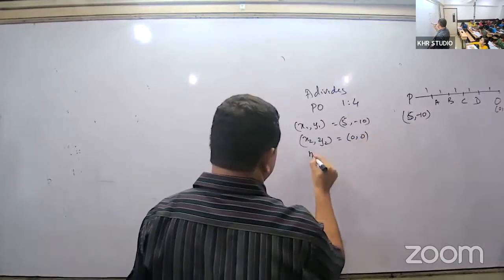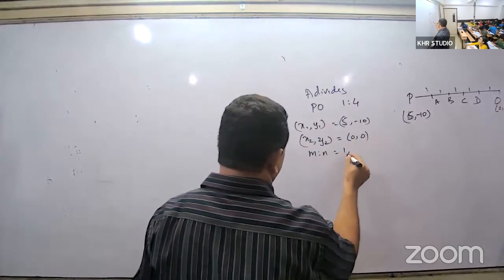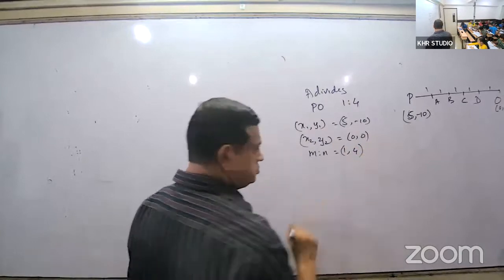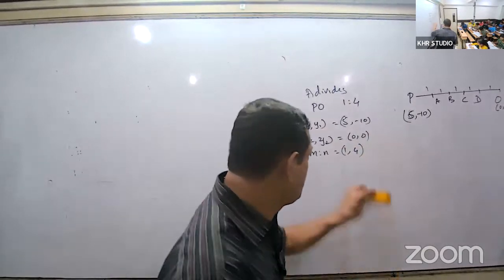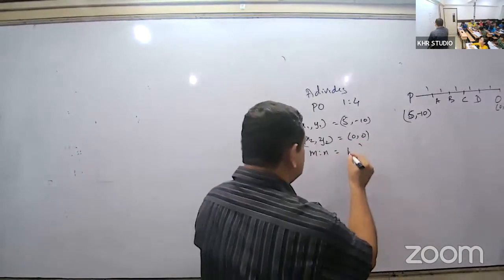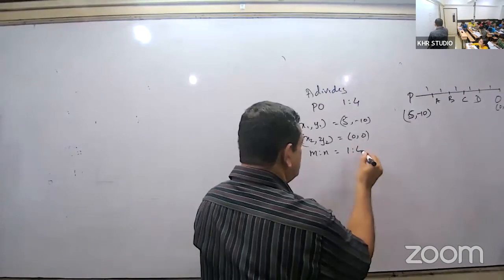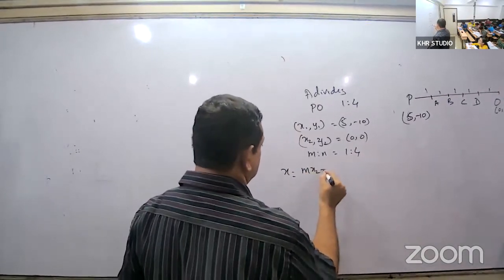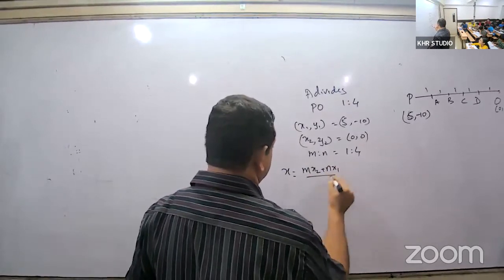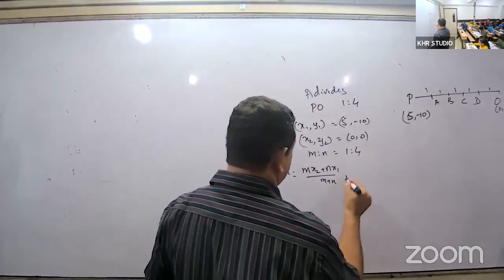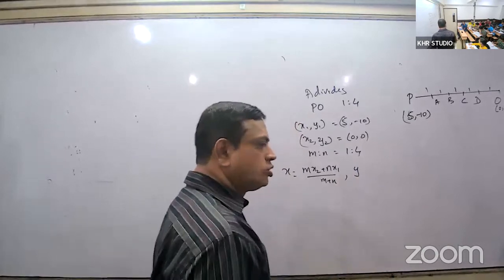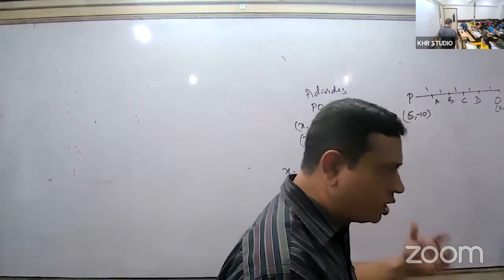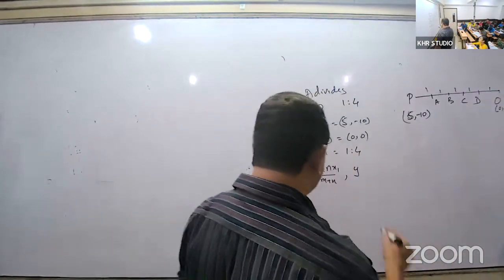And m:n is 1:4. One is to 4. Then use the formula and substitute. You have to find out all the coordinates of A, B, and so on, x and y.